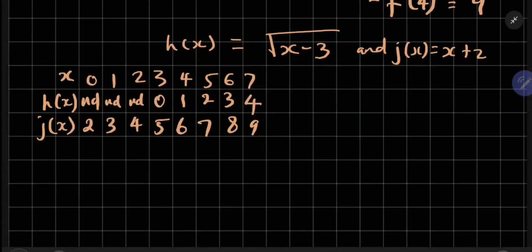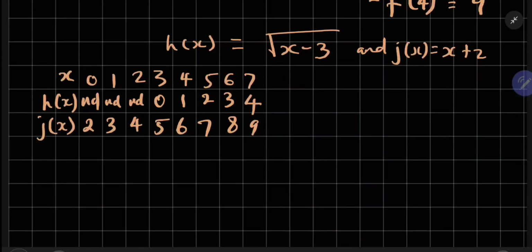And we can see this, let's say using 4. H of 4 would be 4 minus 3, which will be root of 1, and root of 1 is 1. And j of 4 would be 6. So this is a table of values for these functions.